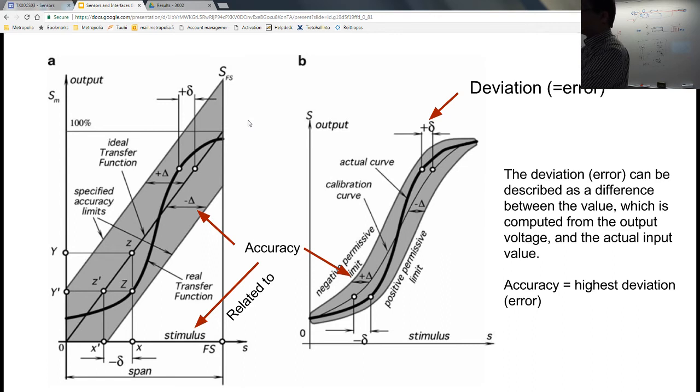On a sensor, it practically means you have the actual curve that you do not know, and then you have the calibration curve that you think is okay, but there's also always some deviation. Just terminology. And well, there's actually a small mistake: the highest deviation is not accuracy, but it's inaccuracy.